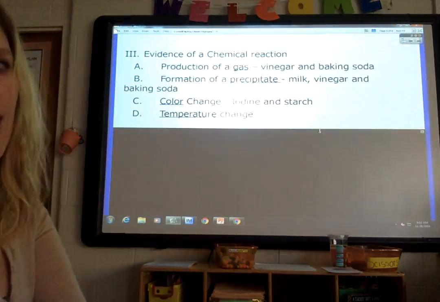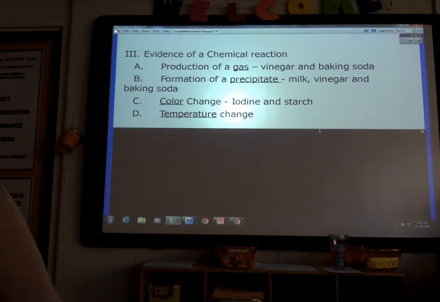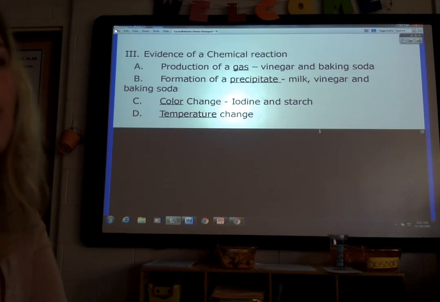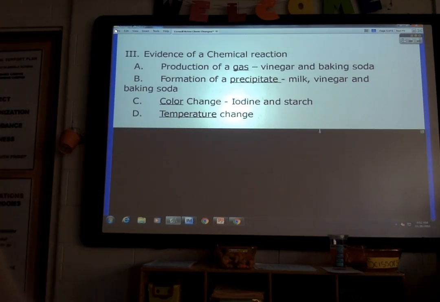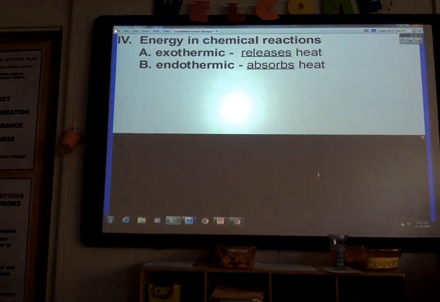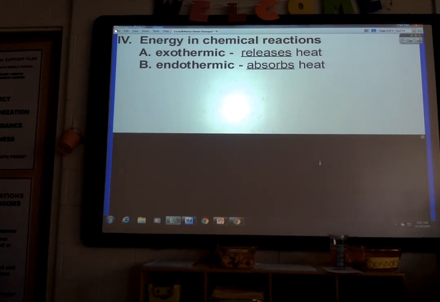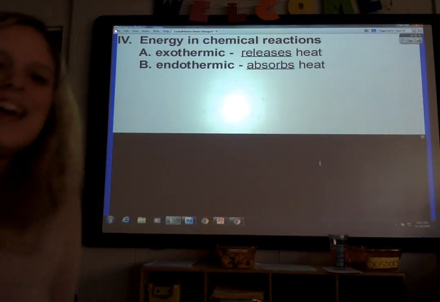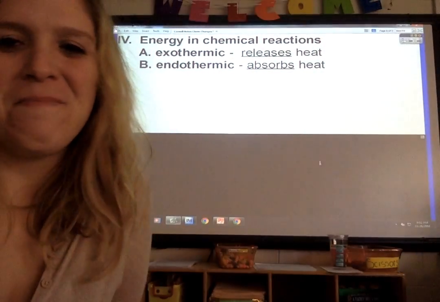And that leads us to our last point, the energy in chemical reactions. Now, there's 2 types of energy in chemical reactions, endothermic and exothermic. An exothermic reaction releases heat.